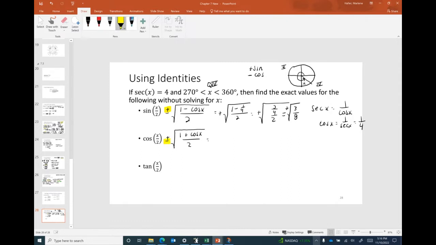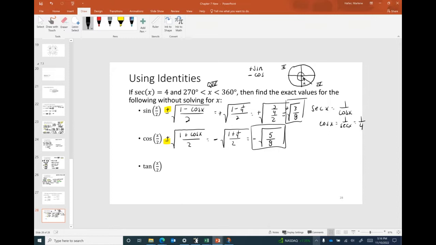So this time, we want the negative version. It's going to be negative square root of 1 plus 1/4 over 2, which is negative square root of 5/4 over 2, or 5/8. So here's our sine, it's positive. Here's our cosine, it's negative. And that makes sense because we're over in quadrant 2.